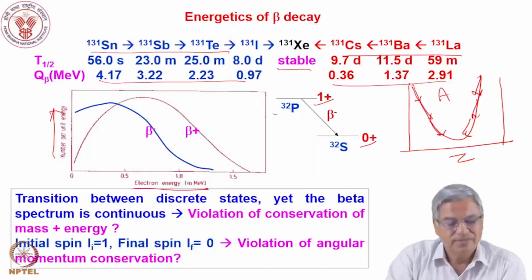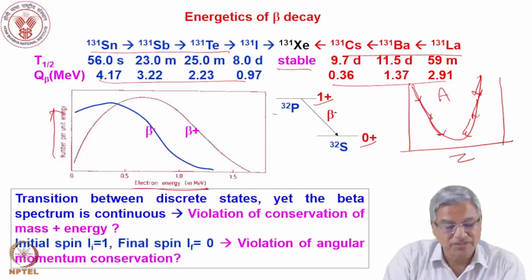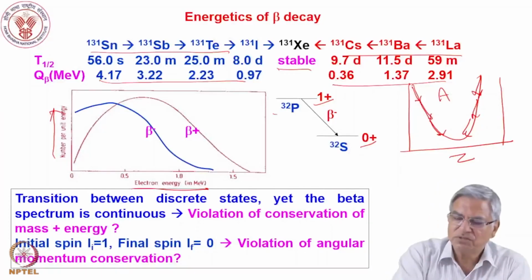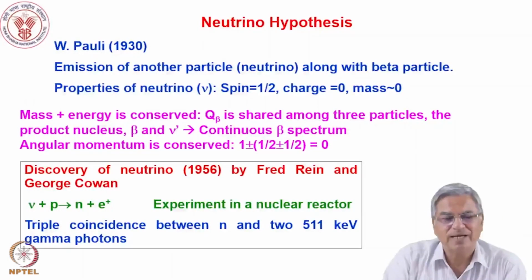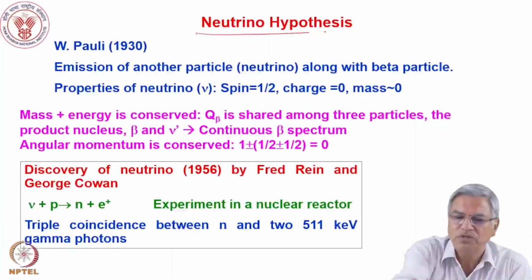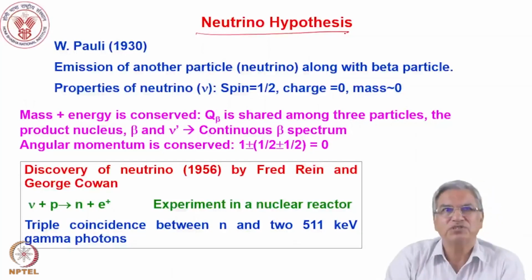So again the initial spin and final spin are not matching, and apparently there is a violation of the conservation of angular momentum. This puzzle was solved by Wolfgang Pauli in 1930 when he proposed the neutrino hypothesis.